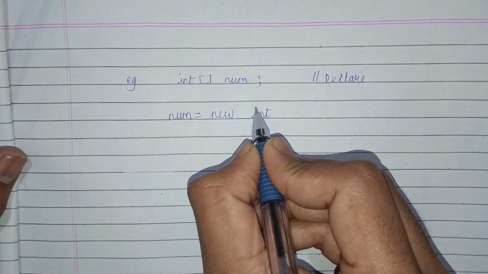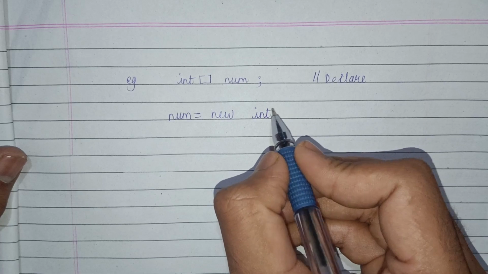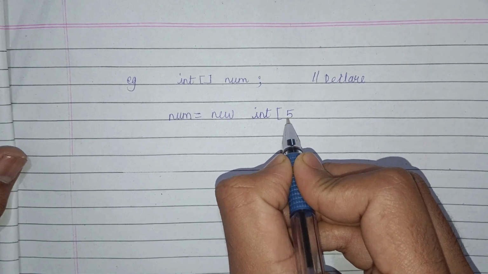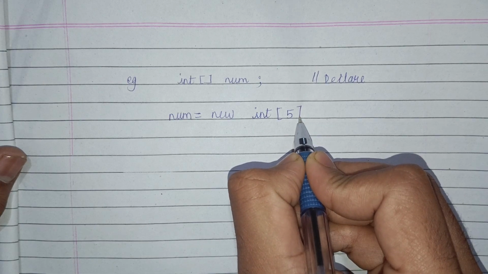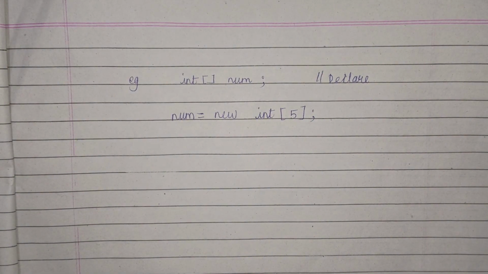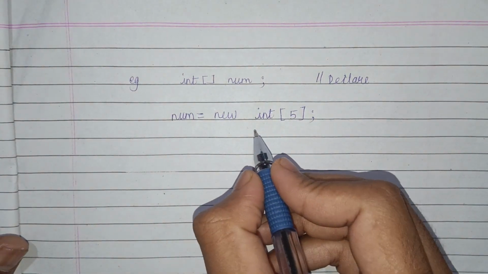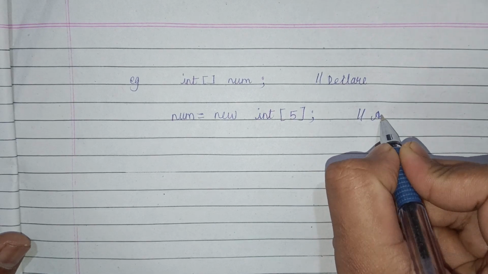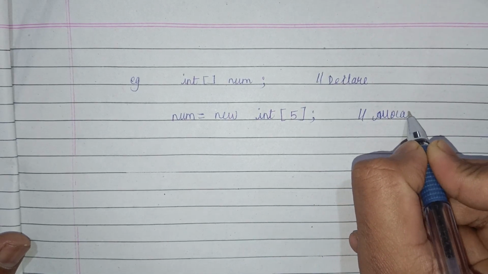The data type will be int, and the size in brackets. So let's take 5, so I have taken 5. This way we have allocated the size of the array.